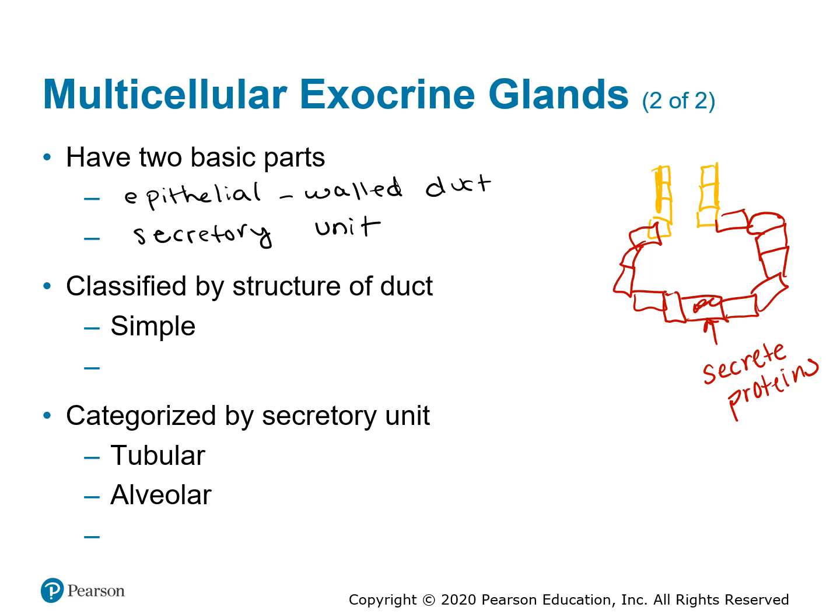Similarly to the other epithelial tissue, we can classify them by the structure of their duct. That duct can either be simple or it can be compound. And then the secretory unit is more descriptive of the shape, right? So you can have tubular secretory units, alveolar secretory units, and then the last is, take a wild guess.